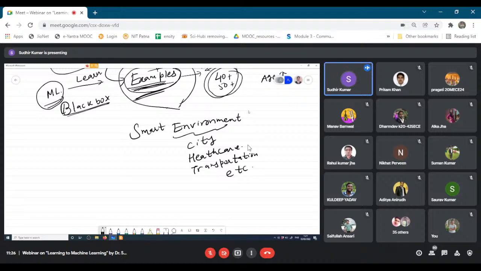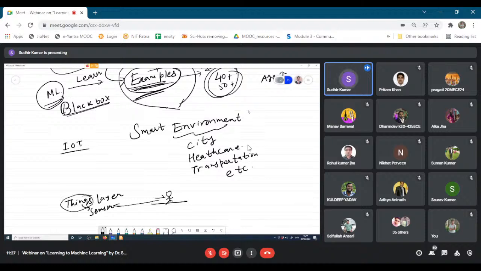All this automation is happening because of the Internet of Things, and at the heart of the Internet of Things we have machine learning. In an IoT network, there are 3 layers. The first and bottom layer is called the things layer. Things mean the sensors, which collect data from the environment, like someone walking in the corridor. That is the data, and it will be sensed by the sensor.